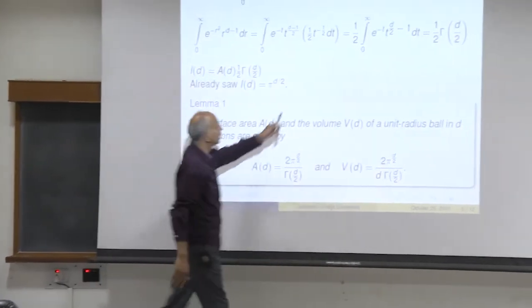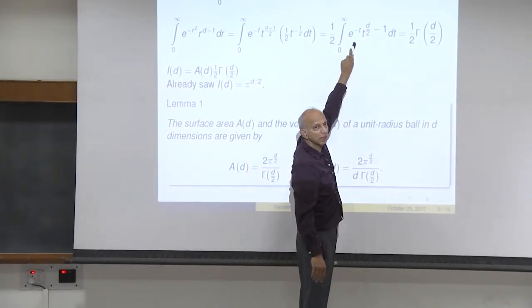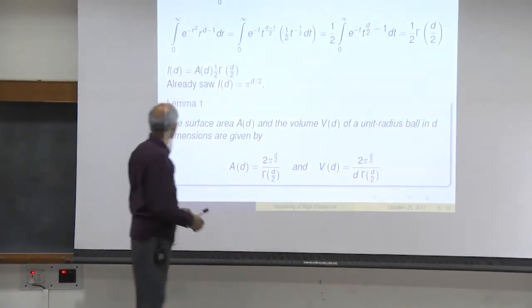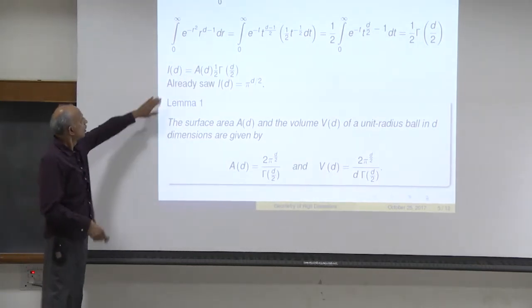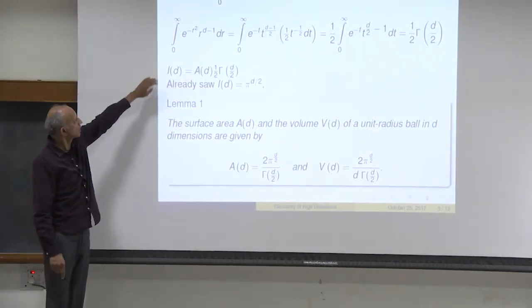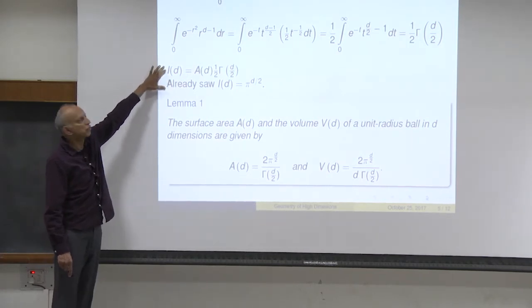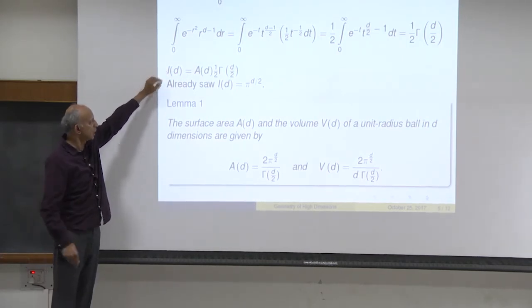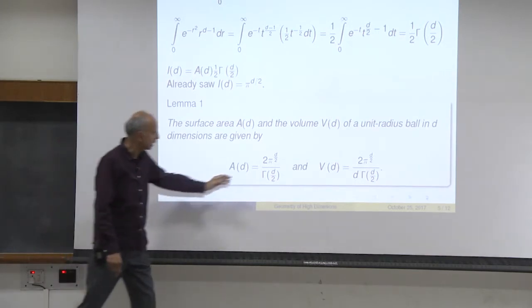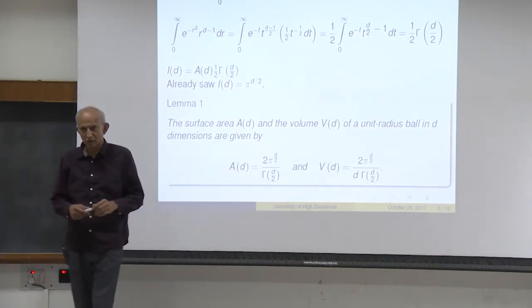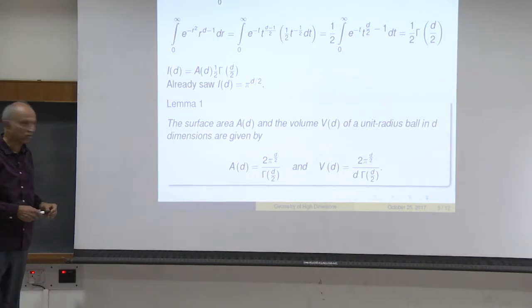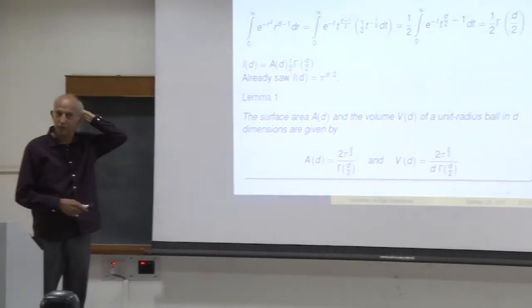E to the minus t is an exponential probability density. So that's a way to compute I of d, but we know that I of d is that from the previous slide, so we equate these two. That gives me A of d, and this gives me V of d.